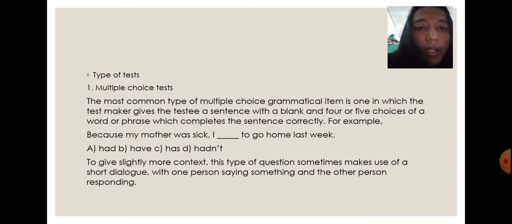For example, because my mother was sick, I blank to go home last week. A had, B have, C has, D had not. To give slightly more context, this type of question sometimes makes use of a short dialogue, with one person saying something and the other person responding.